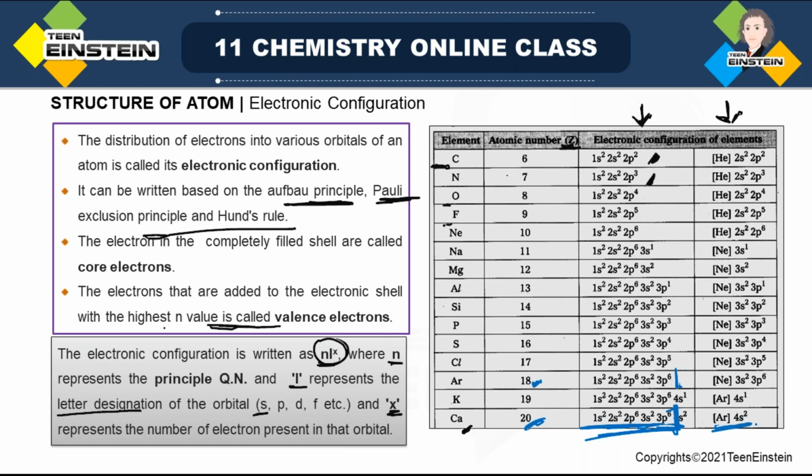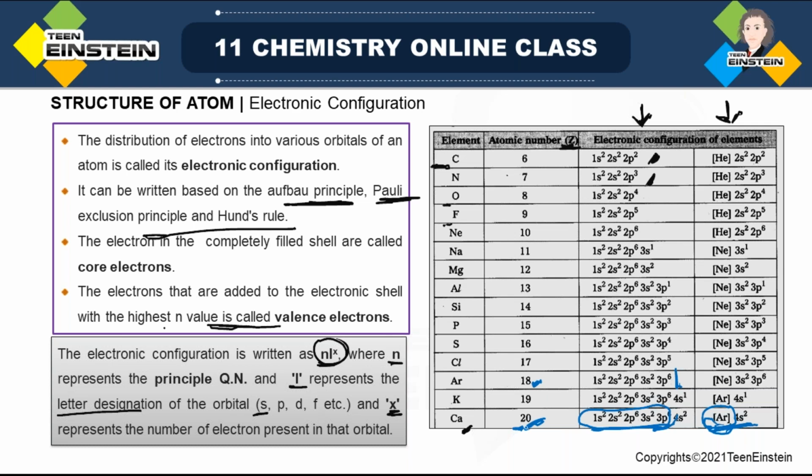So that is why this is written in the next column. We have not written this elaborately. This part we have written as if it is argon, and then 4s2 you have to write. So if you express it in this way, it will be easier for us, less time consuming. Now it is 20, but you may have an atomic number even higher.